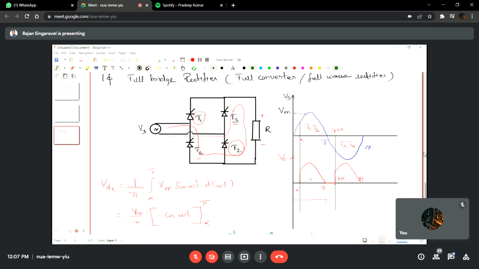And this is how we can control the output of the rectifier. We cannot increase the output voltage beyond a certain value. The maximum average output voltage can be obtained from the rectifier circuit when alpha is equal to 0.